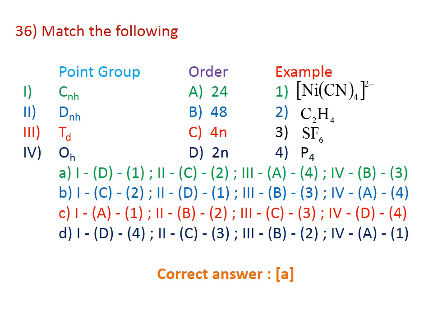For the third one, tetrahedral point group, the order is, you know very well, 24, and the example is P4. And for the fourth one, the point group is Oh, the order is 48, and the molecule is SF6. The correct answer for this question is A: 1D1, 2C2, 3A4, 4B3.